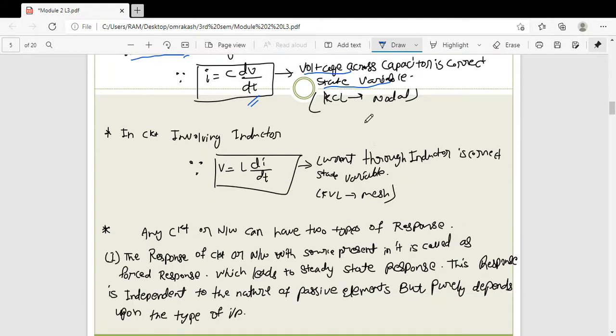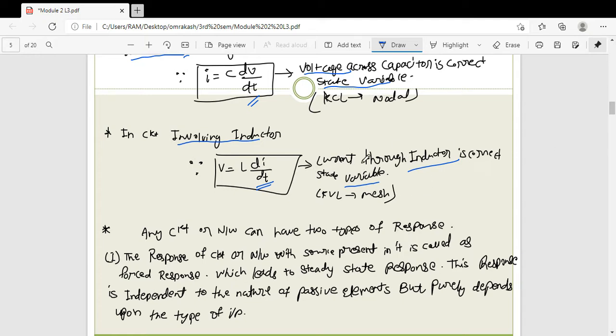Similarly, when I talk about a circuit involving an inductor, what is the formula? The voltage equation for an inductor is V equal to L di by dt. So this indicates the inductor doesn't allow a sudden change in current, right? So in that case, your state variable is current.